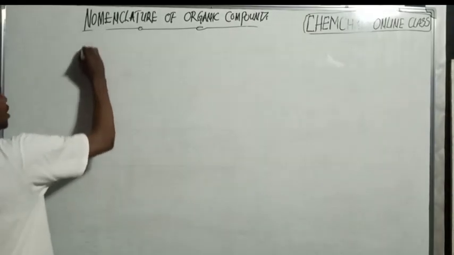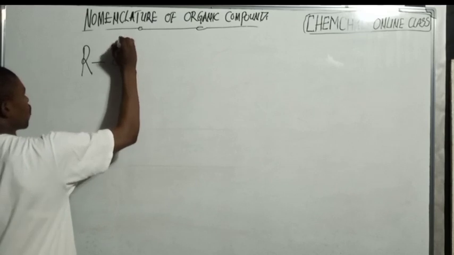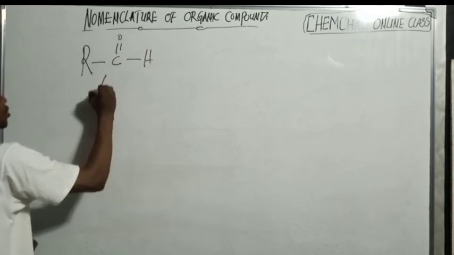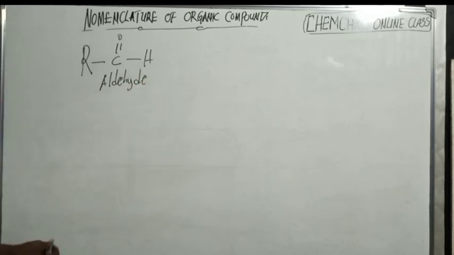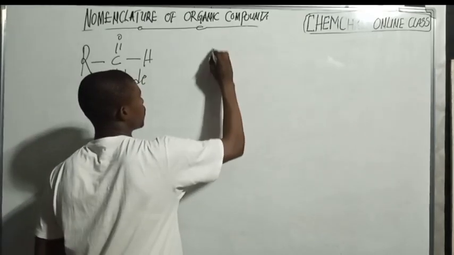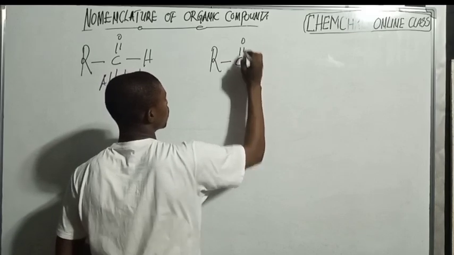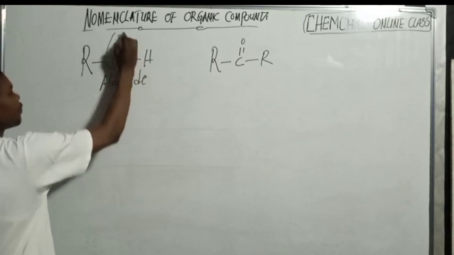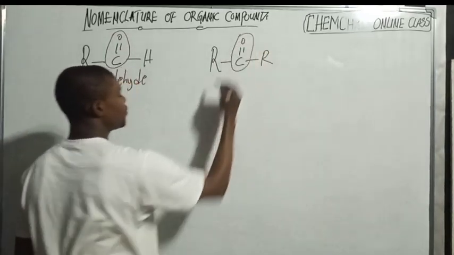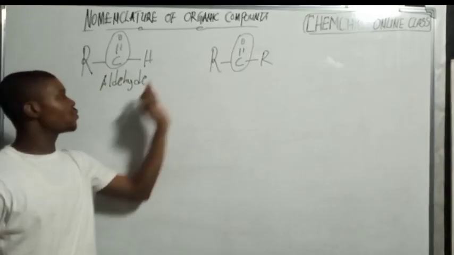Here it's called an aldehyde. Now here we have a ketone. You can see that both have the same functional group, the carbonyl functional group.